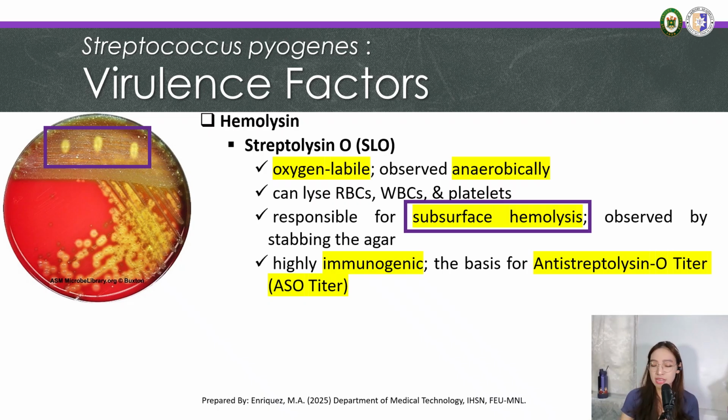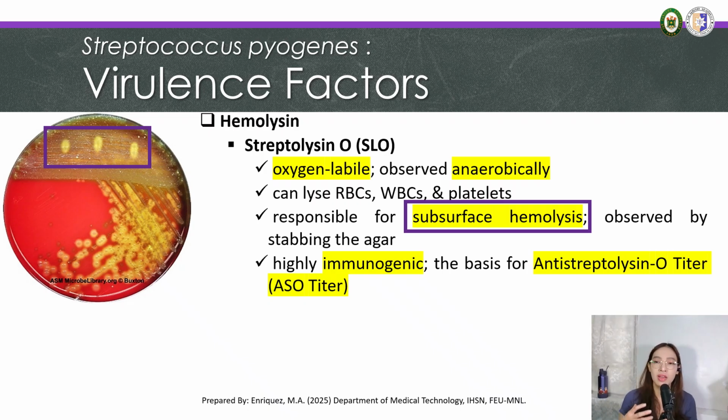pyogenes. All right. Take note that SLO is highly immunogenic, okay? Meaning our immune system can produce antibodies against this, all right? Yung streptolysin O daw po, kaya itong i-recognize ng immune system natin and our immune system could produce antibodies against streptolysin O. And ito po yung basis ng diagnostic test na anti-streptolysin O or ASO. So ASO, this is a test to determine whether a patient has had a recent infection with Streptococcus pyogenes.